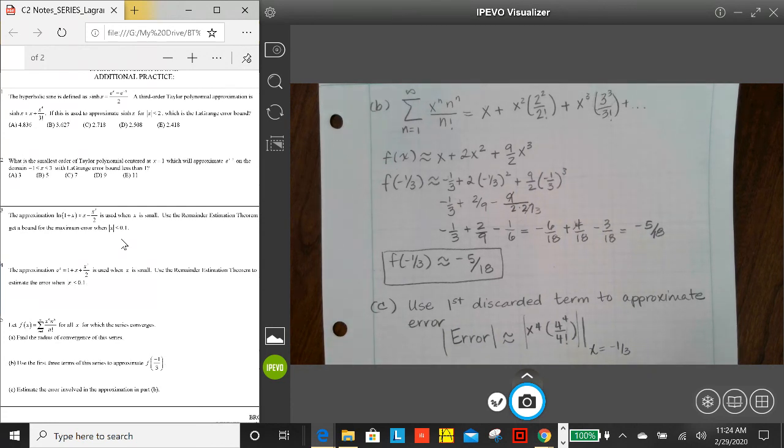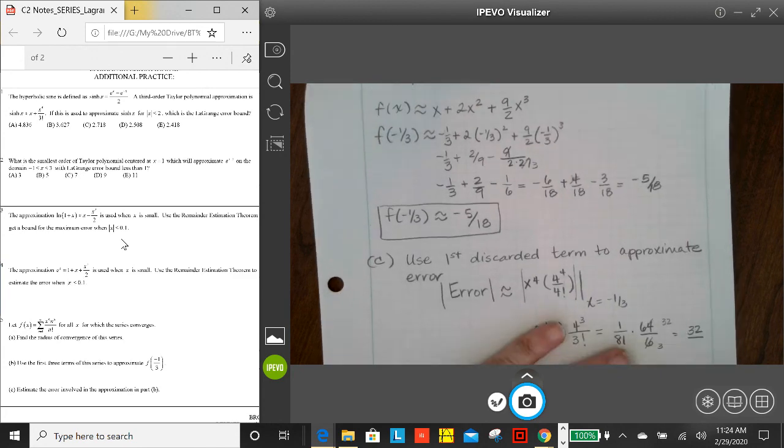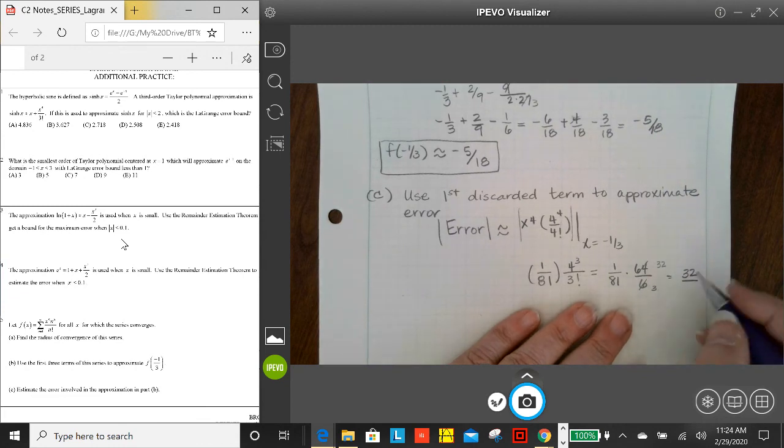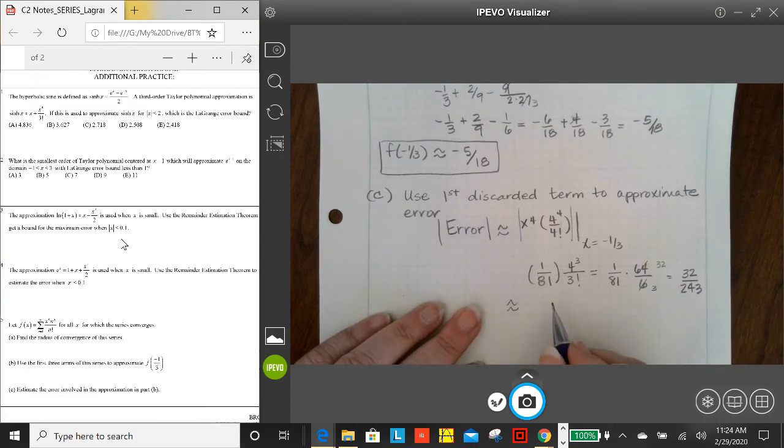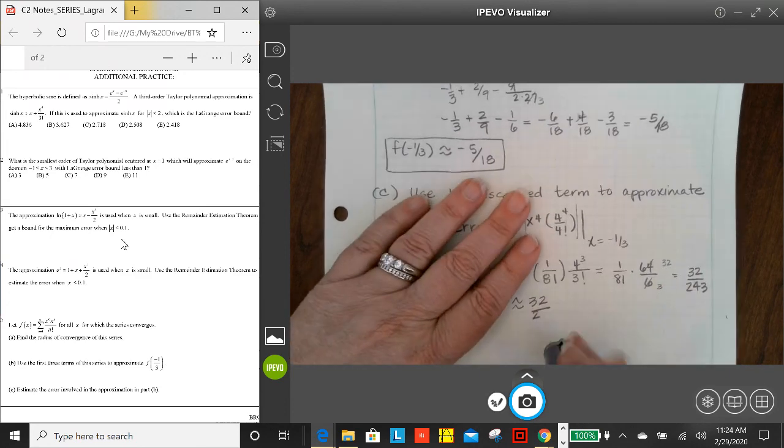If I divide 2 into both of these, I get 32 and 3. So 81 times 3 is 243, so 32 over 243 is my error approximation using the first discarded term.